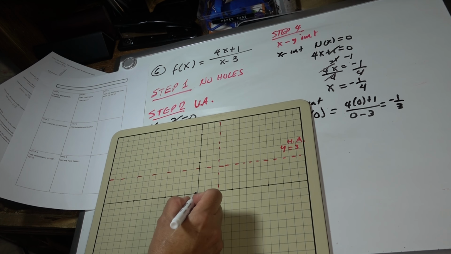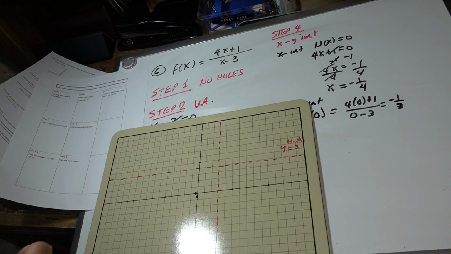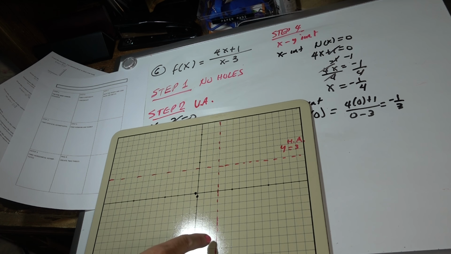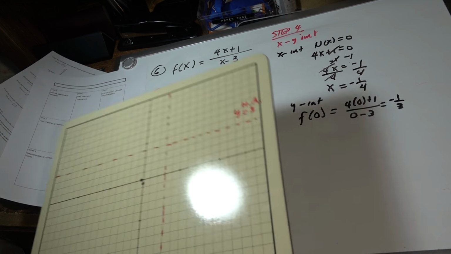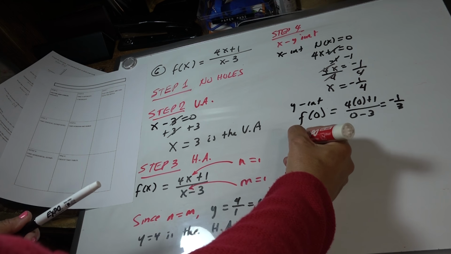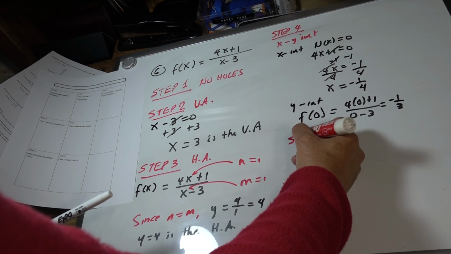Negative 1/3 is going to be somewhere there. This is an asymptote, so you can see right away the graph is going to go like this. Continue with step number 5.